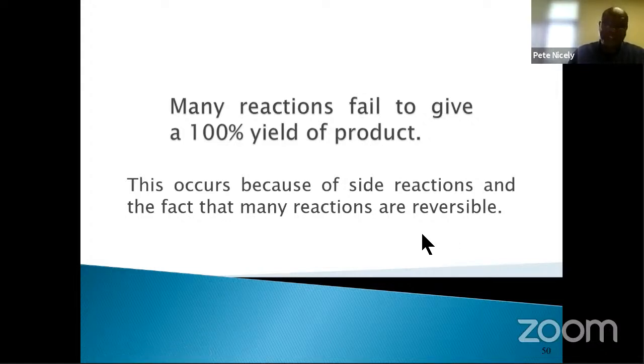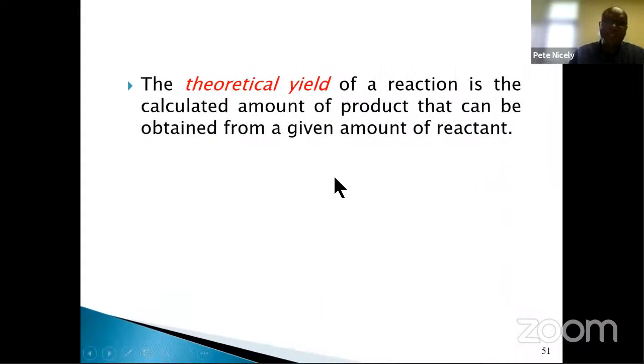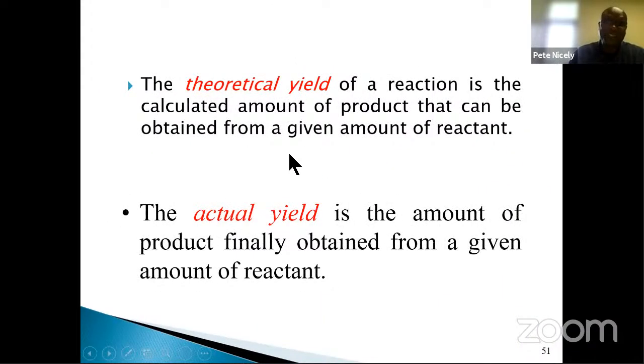So in this particular area, what we try to do is give an expression as to how successful a reaction is in terms of the amount of product that you get compared to the amount of product that you expect to get. That leads us to two definitions right here. We have what is known as the theoretical yield, which is the calculated amount of product that can be obtained from a given amount of reactant.